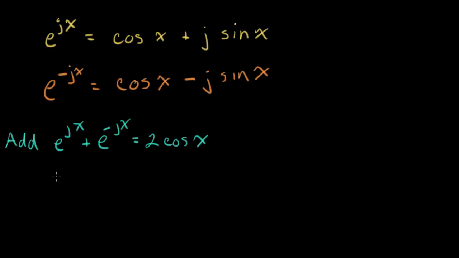So then I can write cosine of x equals e to the plus jx plus e to the minus jx over 2. All right, so that's the expression for cosine in terms of complex exponentials.